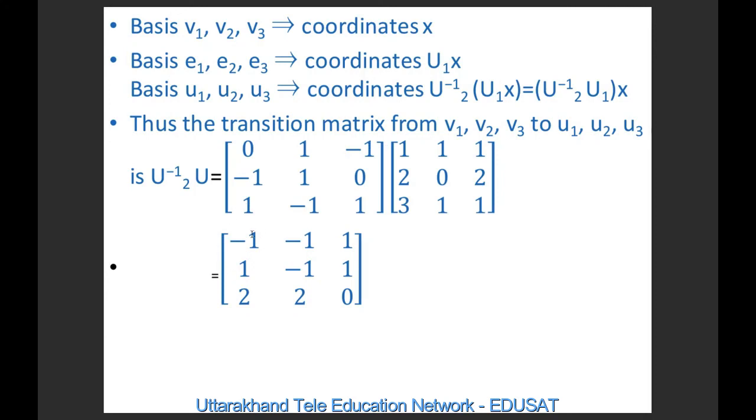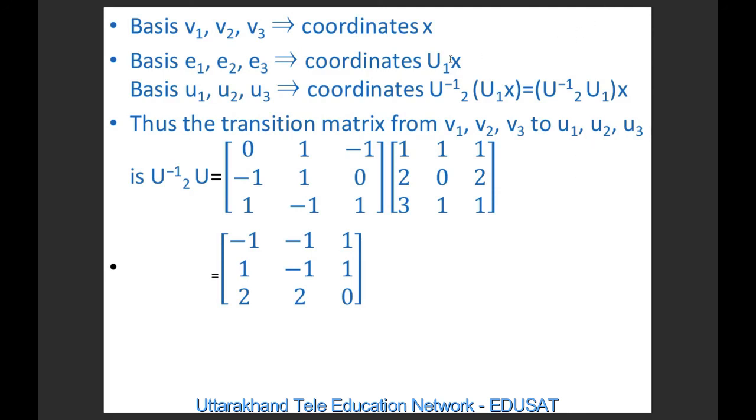We will obtain this element. Similarly, we know how to multiply two matrices, and we will get the resulting matrix as minus1 minus1 1, 1 minus1 1, 2 2 0, and this is nothing but a 3 by 3 matrix, which is equal to U2 inverse U1. This is the transition matrix of v1, v2, v3 to u1, u2, u3.